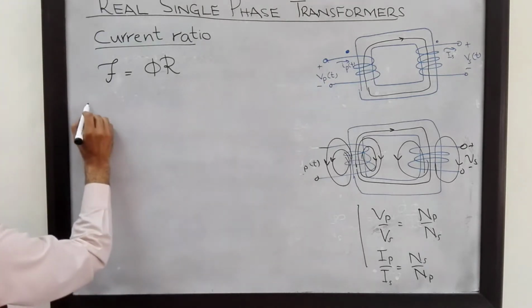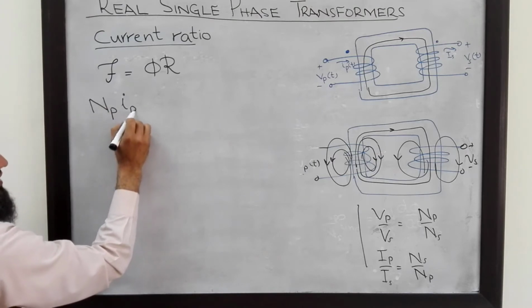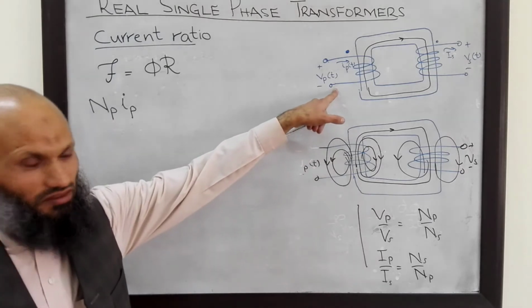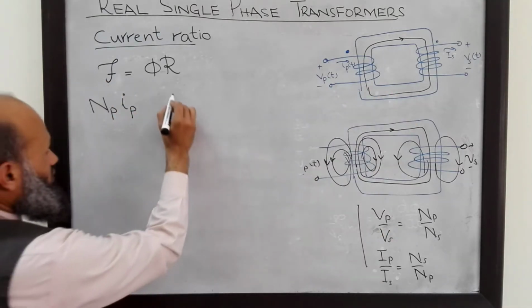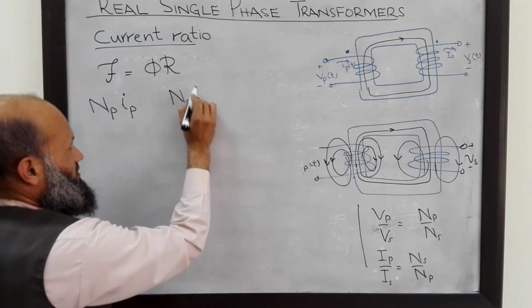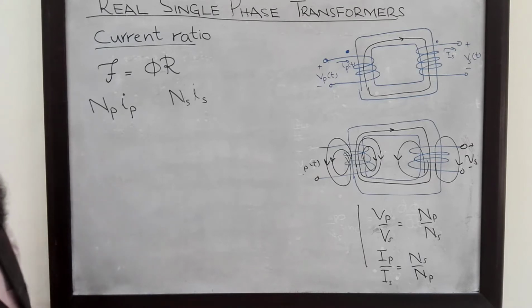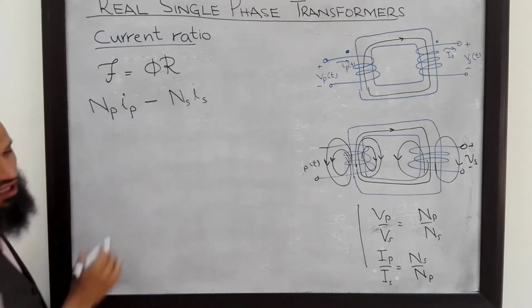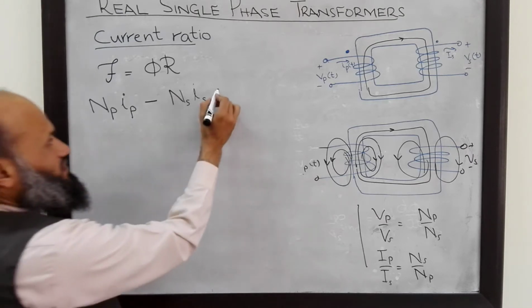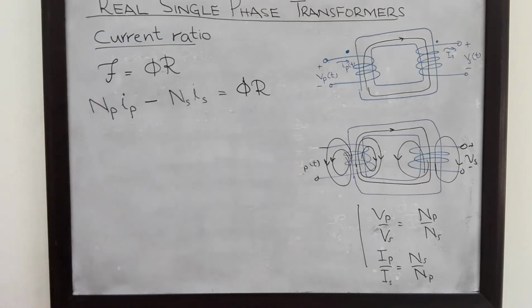This MMF is equal to, as we already remember, the number of turns multiplied by the current in the primary winding. That is one source of MMF. Another source of MMF is the number of turns on the secondary side multiplied by the current on the secondary side. Since the two sources of MMF are opposing each other, the total MMF is equal to the difference of these two MMFs, and that is equal to flux multiplied by reluctance.